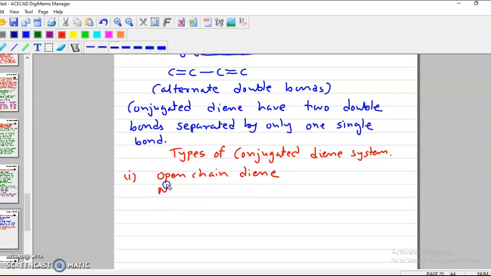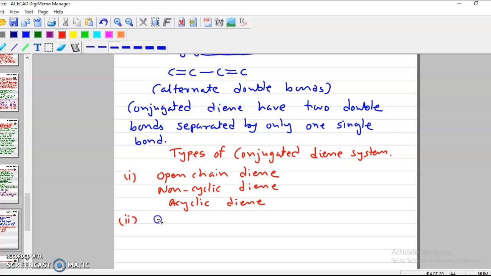It is also known as non-cyclic diene, or it can be alicyclic diene, or acyclic diene system.